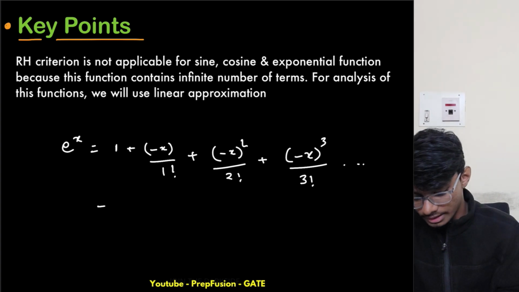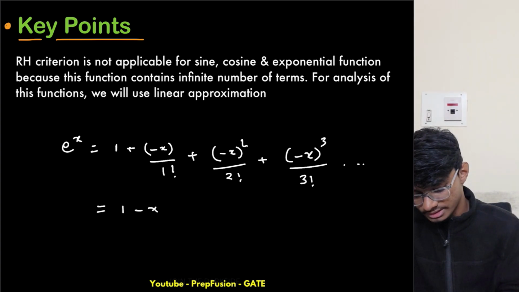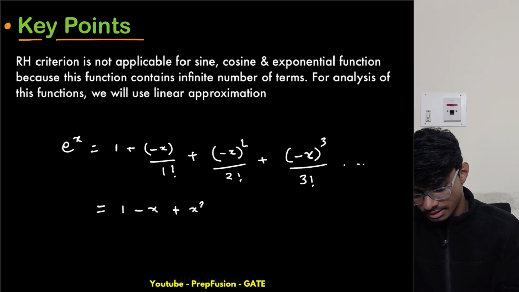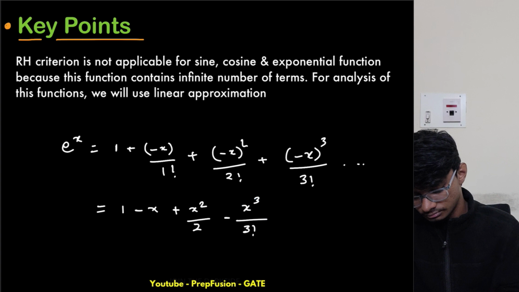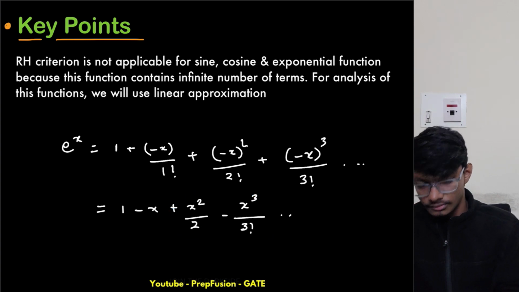If I simplify this, it becomes 1 minus x plus x square divided by 2 minus x cube divided by 3 factorial, and so on and so on.